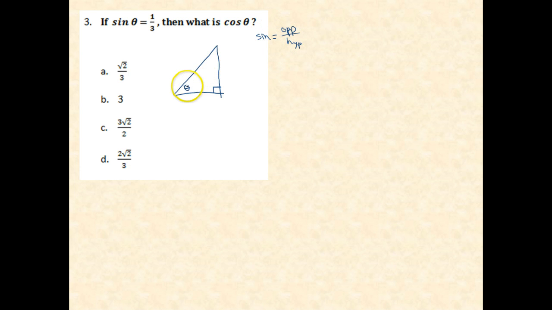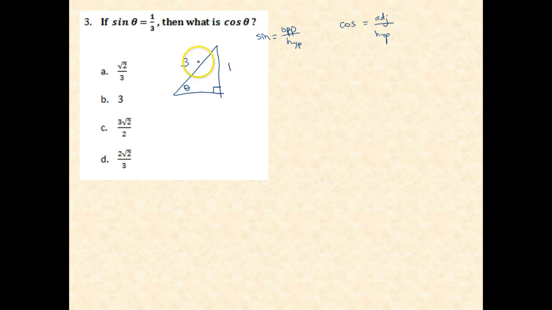So the opposite side is 1, and the hypotenuse is 3. Now can we use that information to find out what the adjacent side is so that we can find cosine? Because cosine is the adjacent side over the hypotenuse.